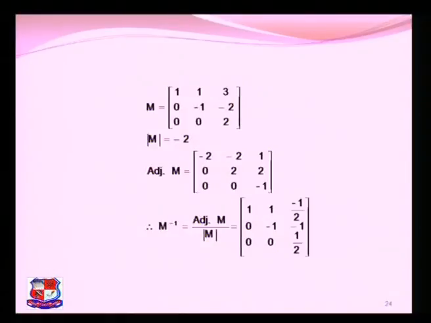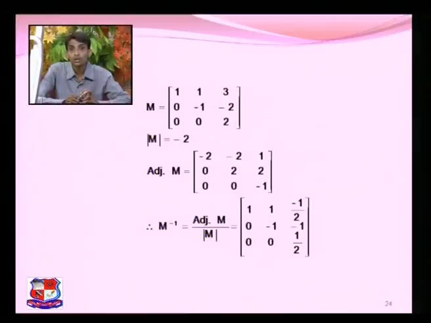So the first eigenvector was 1, 0, 0 for lambda equal to 1. The second eigenvector for lambda equal to 2 was 1, -1, 0, and the third eigenvector for lambda equal to 3 is 3, -2, 2, right?